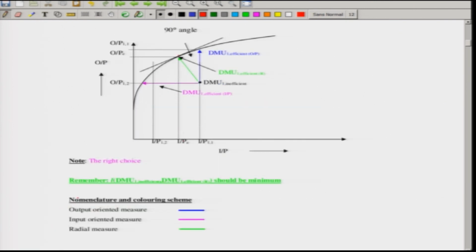So, the nomenclature is: output oriented is given, as I mentioned, in the blue color, input in the pink color, and the radial one in the green color. Remember the distance from the inefficient DMU, the black one, which I am hovering over, not marking, to the radial one, which is the green diagonal point. This distance would be the minimum, the shortest distance which you are going to consider.